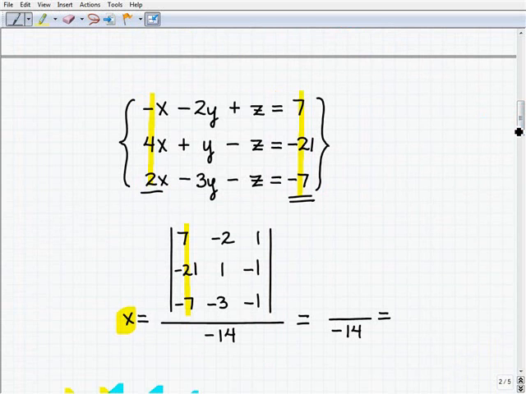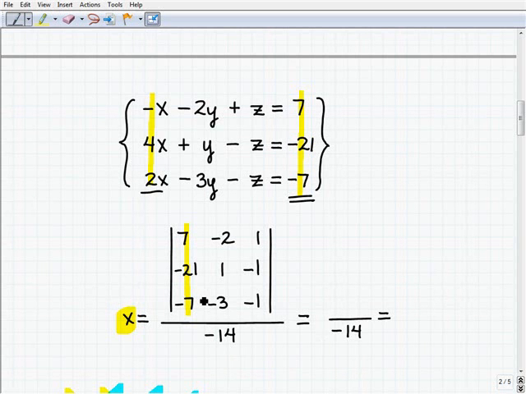So let's replace this -1, 4, and 2 with 7, -21, and -7. You can see how that's all set up, and then the rest of our coefficients are the same. The y's haven't changed, and neither have the z's. So -14 is our denominator determinant, and we already figured that out. We're going to keep that throughout the rest of this procedure.